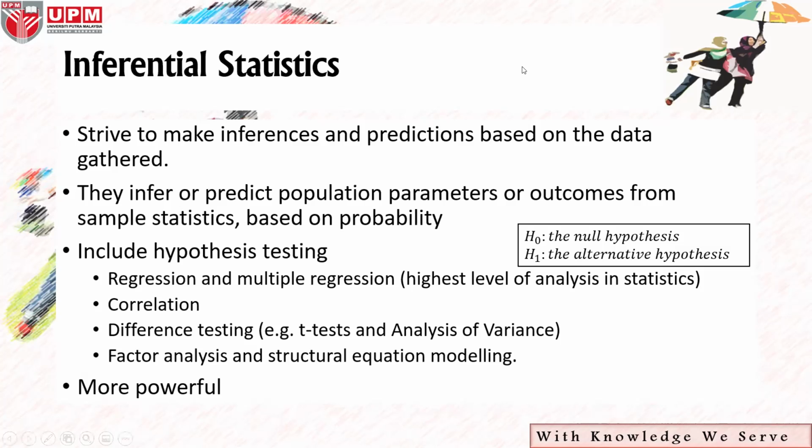So inferential statistic, the main purpose is we want to make inference or prediction based on the data gathered from the sample to the population. We want to make generalization from the sample to the population. They infer or predict population parameters or outcomes from sample statistics based on probability.